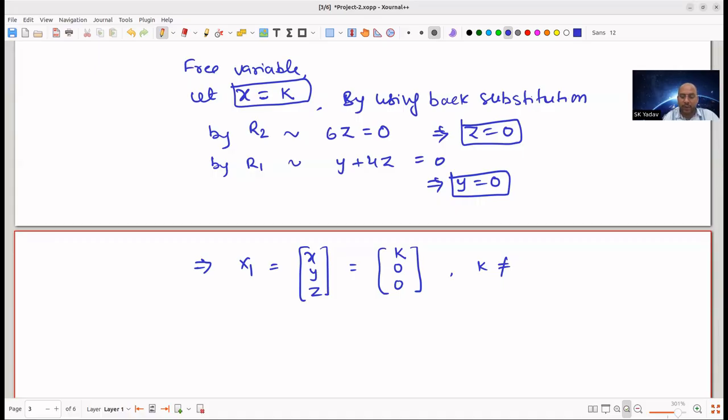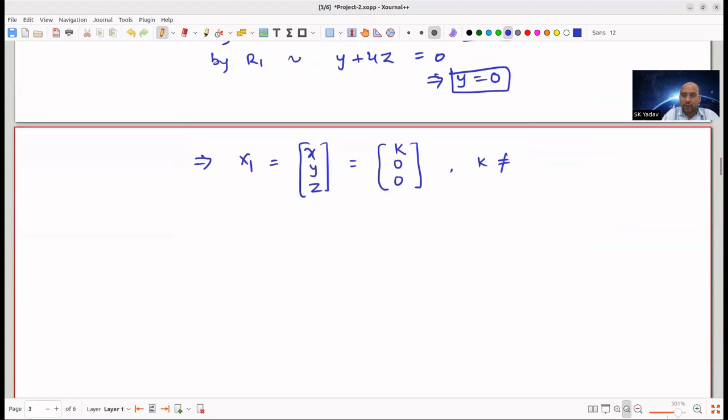An eigenvector must always be a non-zero vector. So many times we take k equal to 1, and we have x1 equal to 1, 0, 0. You can take any value of k, but for more simplicity we are taking k equal to 1. Now this is the eigenvector for lambda 1 equal to the first eigenvalue 3.